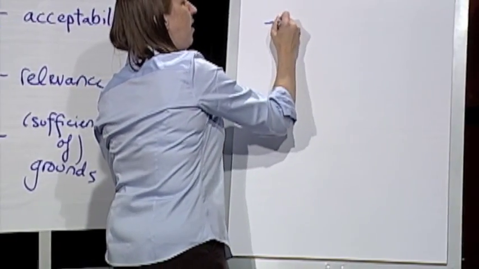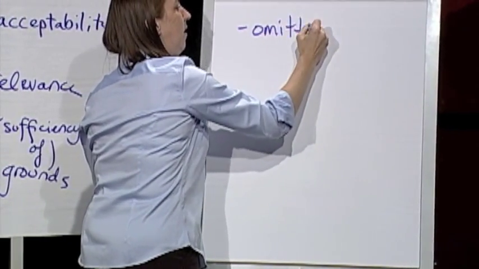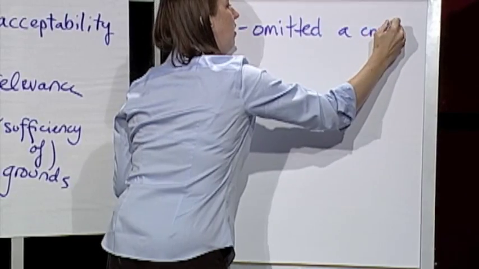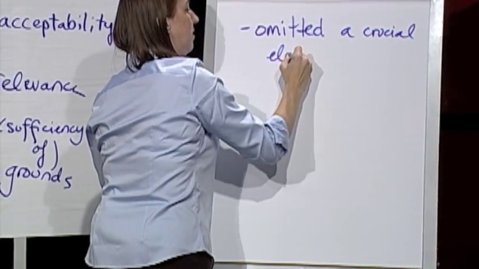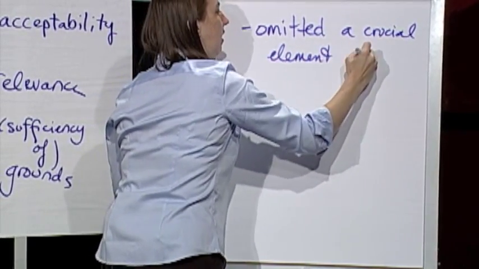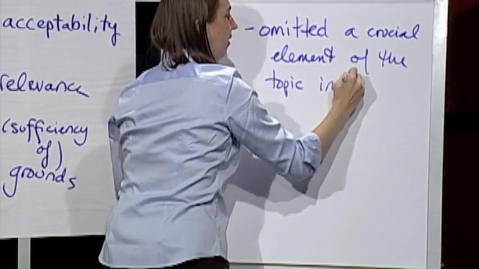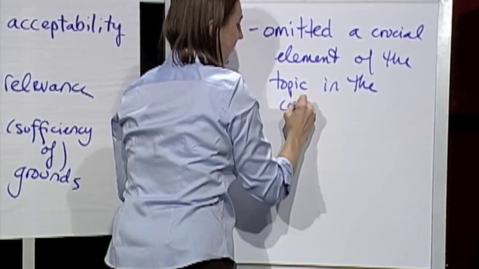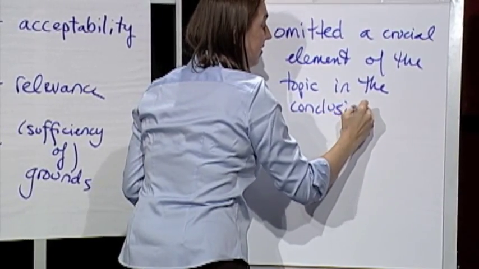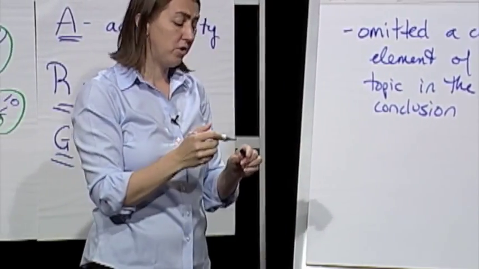So if the argument has omitted a crucial element of the topic addressed in the conclusion, then the premises may fail on sufficiency.